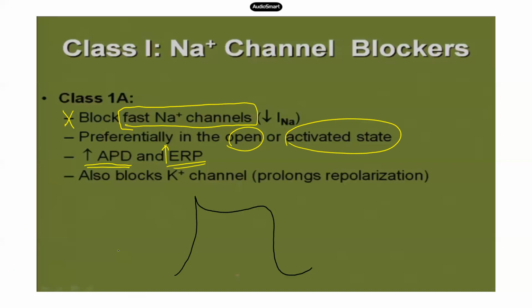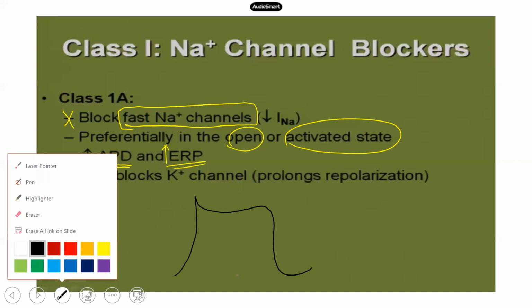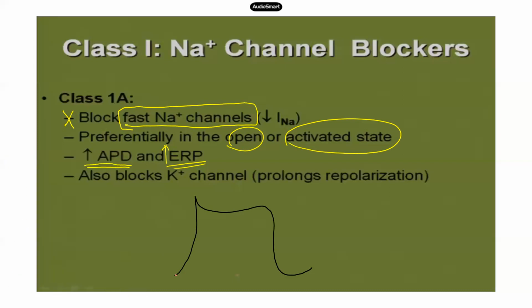Now, if I put up a class 1A drug at the beginning of the action potential, what I'm doing with the class 1A drug is that I'm acting on the open and active state, right? And this is what I'm doing. So I'm not doing anything to the plateau phase. I'm not doing anything to the repolarization phase.